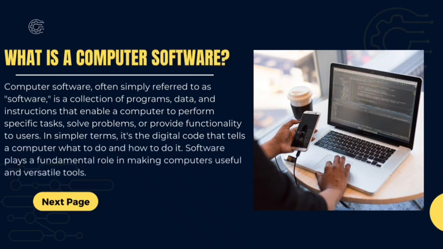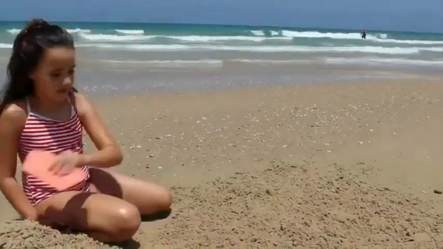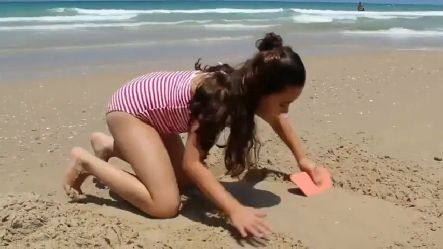Now, what is a software or a computer software? A computer software is often referred to as a software and is a collection of programs, data, and instructions that enable a computer to perform a specific task or function. It means the ability for you to process commands.